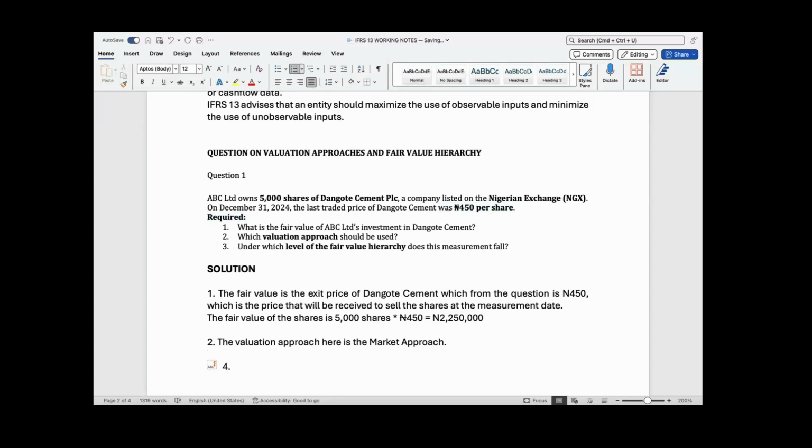So what's the level of the fair value hierarchy in this case?